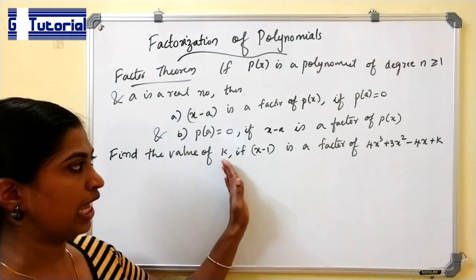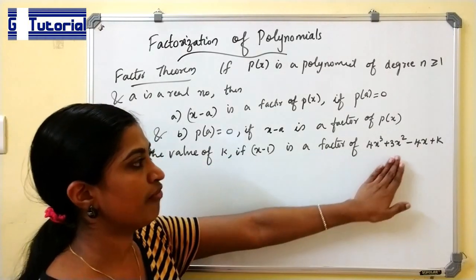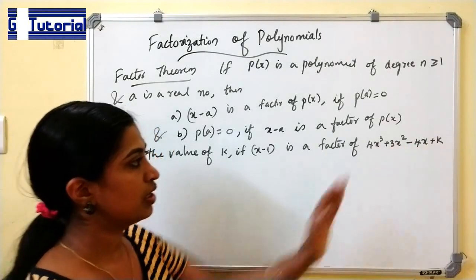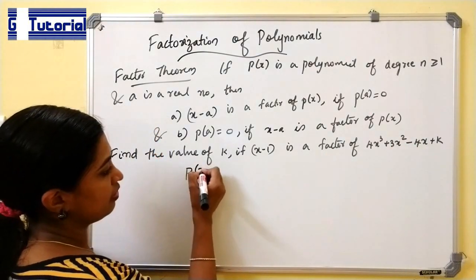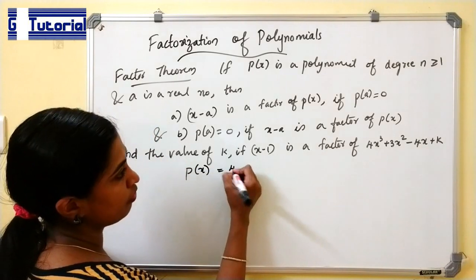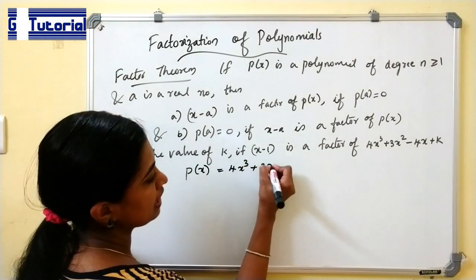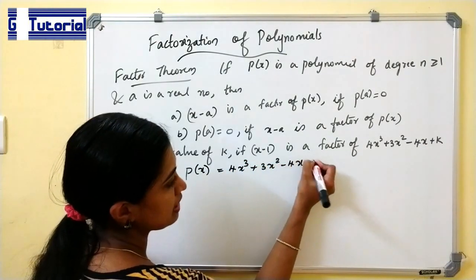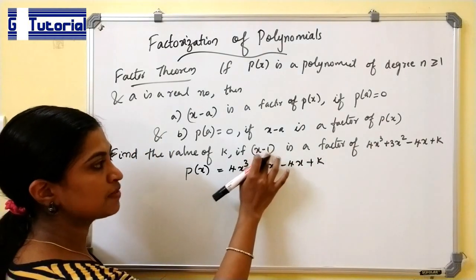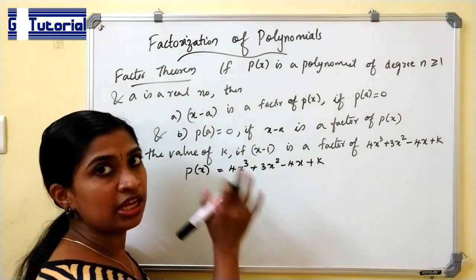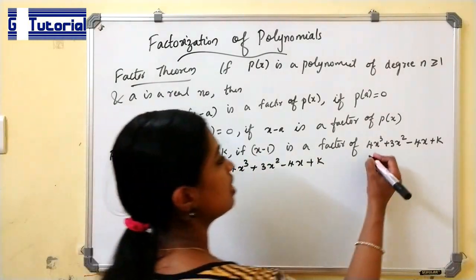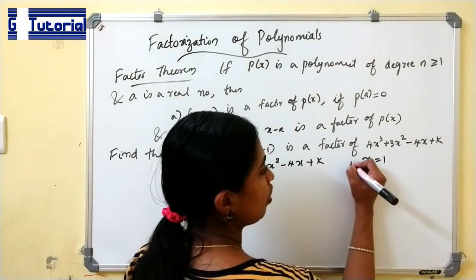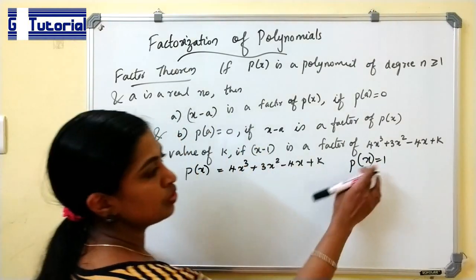We can see an example. Find the value of k if x minus 1 is a factor of this. We are given a polynomial 4x cube plus 3x square minus 4x plus k. And it is said that x minus 1 is the factor. If x minus 1 is a factor, then x is equal to 1.